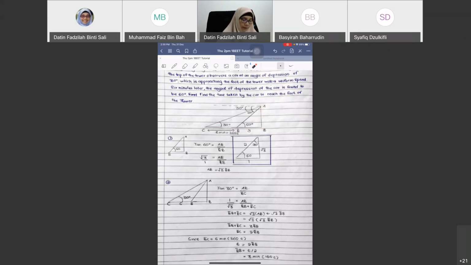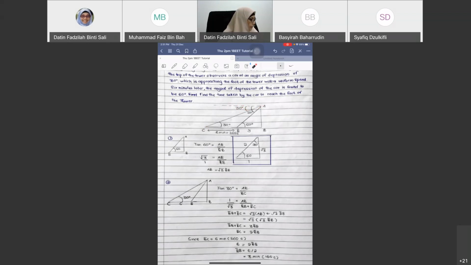And then there's a man standing here on the top of the tower, observing a car at an angle of depression of 30 degrees. So this is the man looking straight like that, and this is the angle of depression, 30 degrees here. The car is here, so that means this is 30 degrees angle of depression.